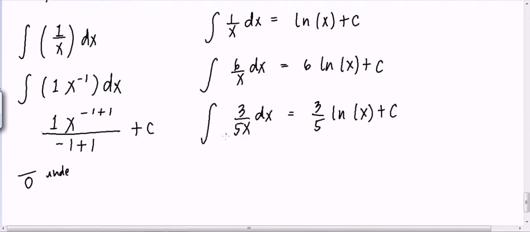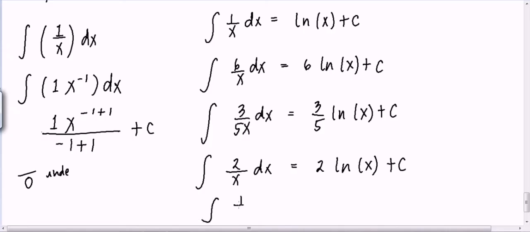Basta x ang denominator and constant ang numerator, ang i-apply nyo is the 1 over x dx is equal to ln x plus c. Okay? So, integral kunyari ng 2 over x dx, automatic 2 ln x plus c. Okay? Integral ng 1/4 x dx. So, the answer is 1/4 ln x plus c.